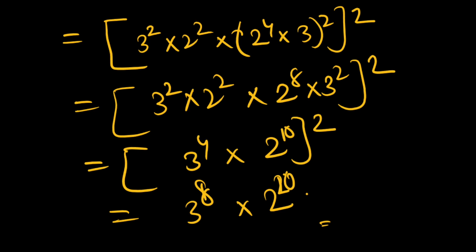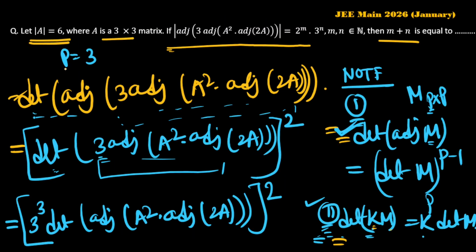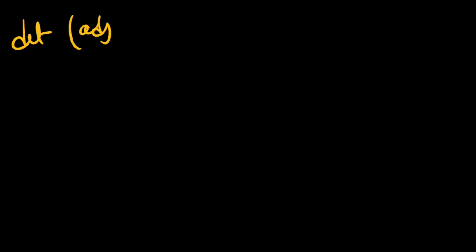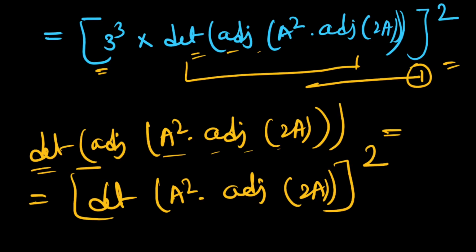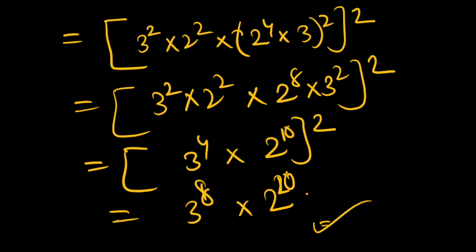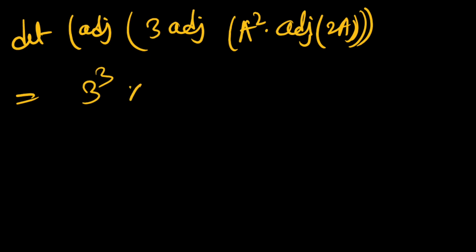But we need to find this other value. So we write determinant of adjoint of 3 adjoint of A square adjoint of 2A is equal to 3 cube multiplied by the value we found, 3 power 8 multiplied by 2 power 20, whole square.